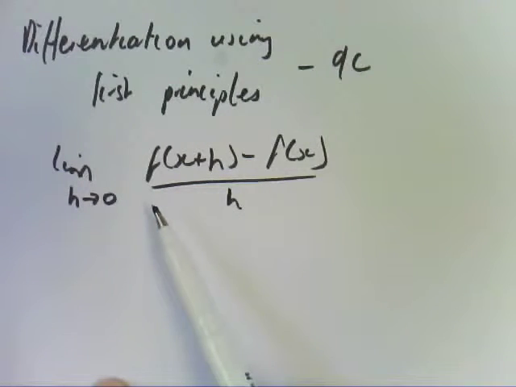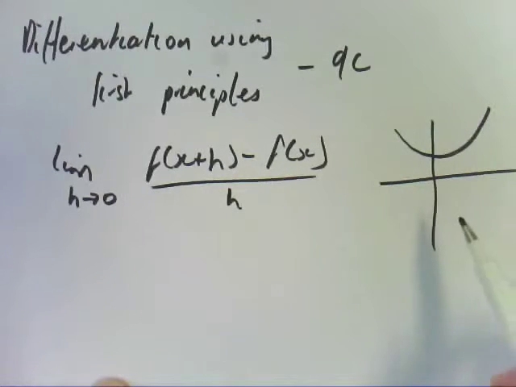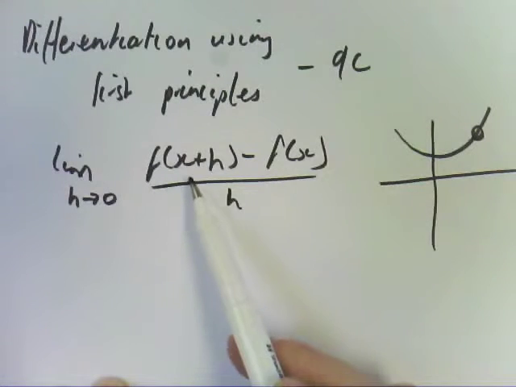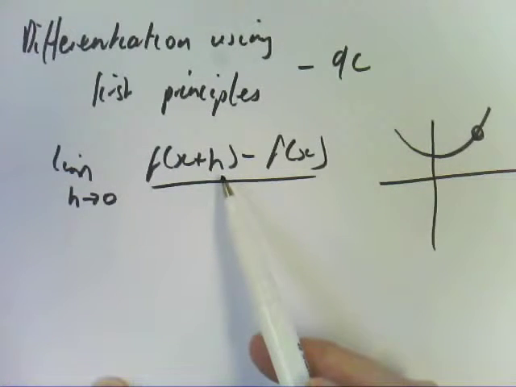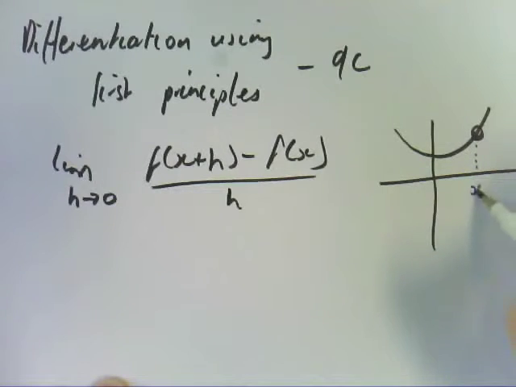So in terms of an actual function, what this means, okay, remember we talked about if we had a curve and we wanted to find the gradient at this point here, we would normally put a tangent. But if we're going to do it through differentiation through first principles as h approaches 0, then what you end up with is this is x, and then we add h.